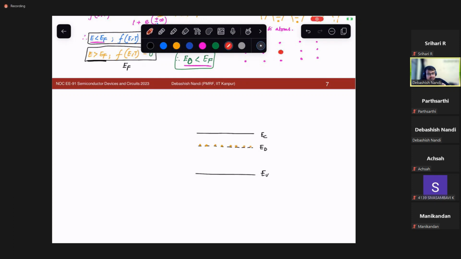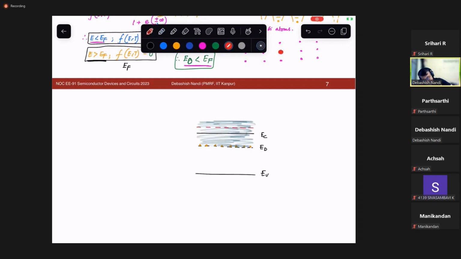Now from the last discussion we know that my Fermi level can be above this. So now the question is, can it be at this place? It cannot be, right? Why?